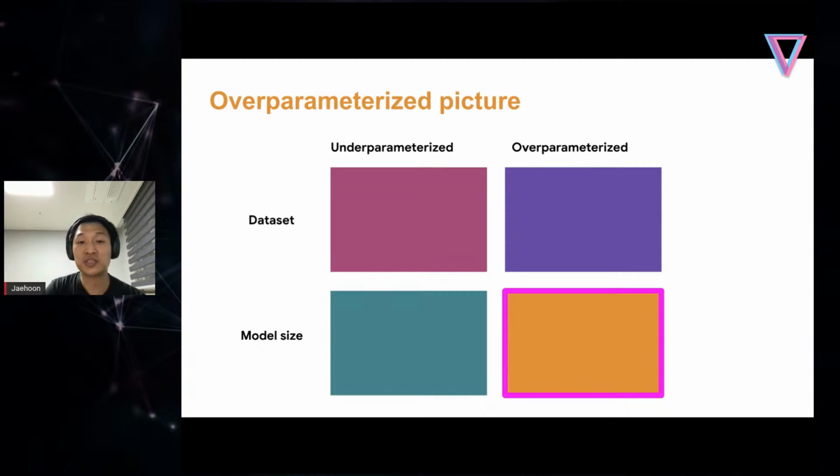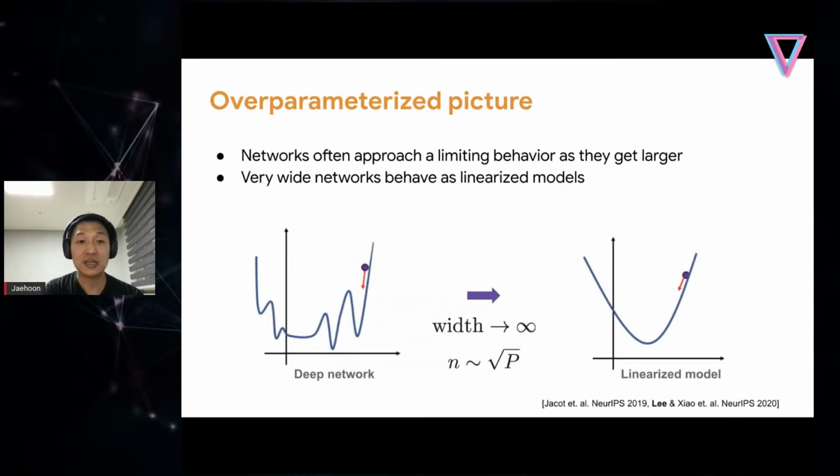To be even more concrete, let's focus on the lower right corner and look at the variance-limited scaling of overparameterized models. Recall from the earlier talk given by Joshua that in the wide network limit, neural networks become quite simple. One concrete way this simplification is realized is that under gradient descent training, the training dynamics of wide networks approach that of the linearized model.